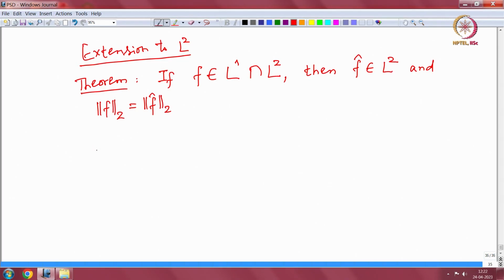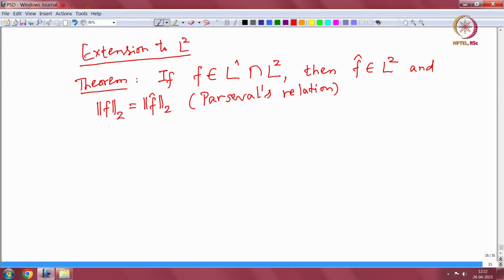This is called Parseval's relation. This is an important relation that will enable us to extend the definition of the Fourier transform to L2.